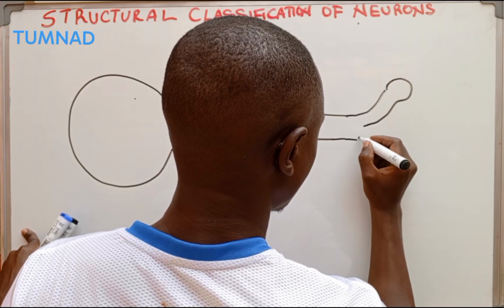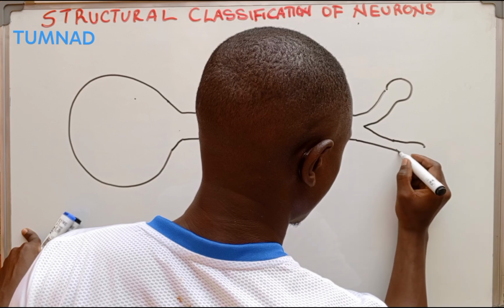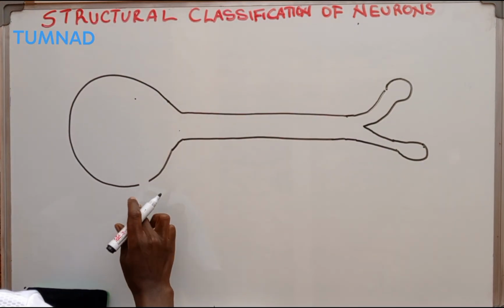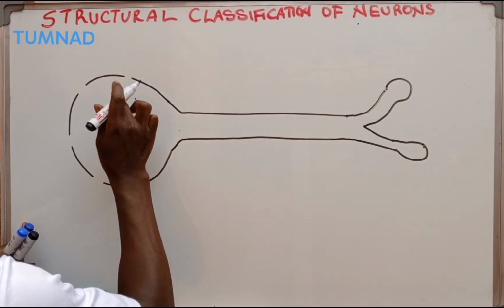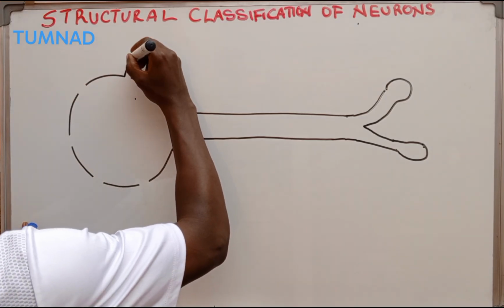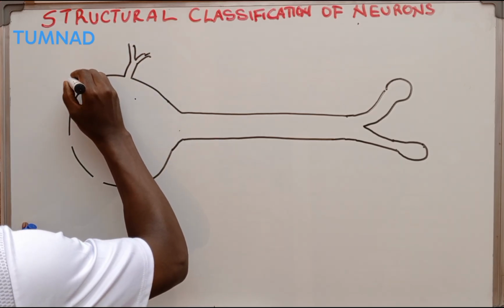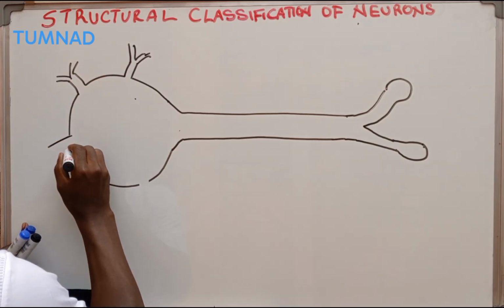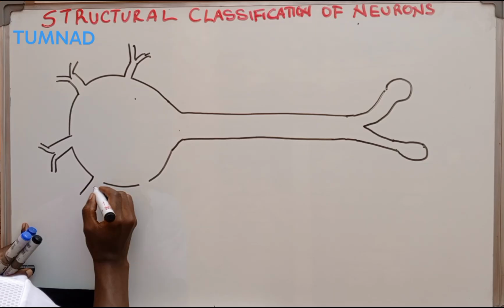Because this motor neuron is going to have multiple extensions, which we call the dendrites.